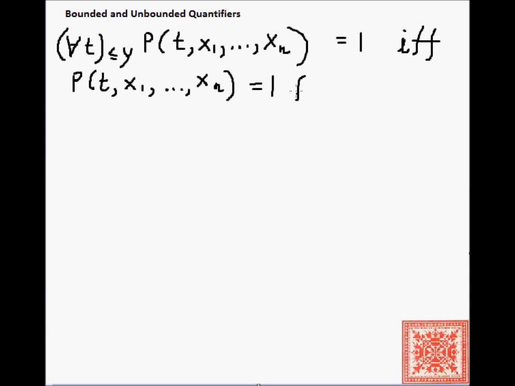So for all t less than or equal to y, with y as an upper bound, p(t, and some other arguments) is true if and only if this predicate of n plus 1 arguments is true for every t in that interval from 0 to y.